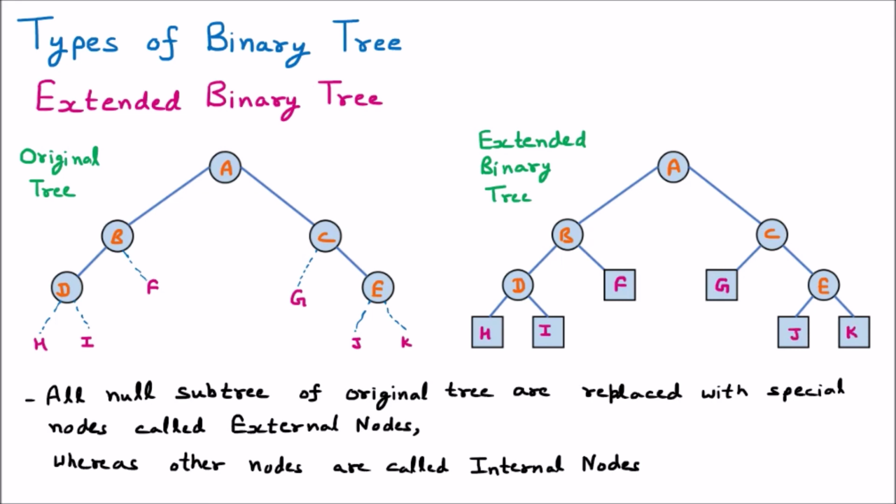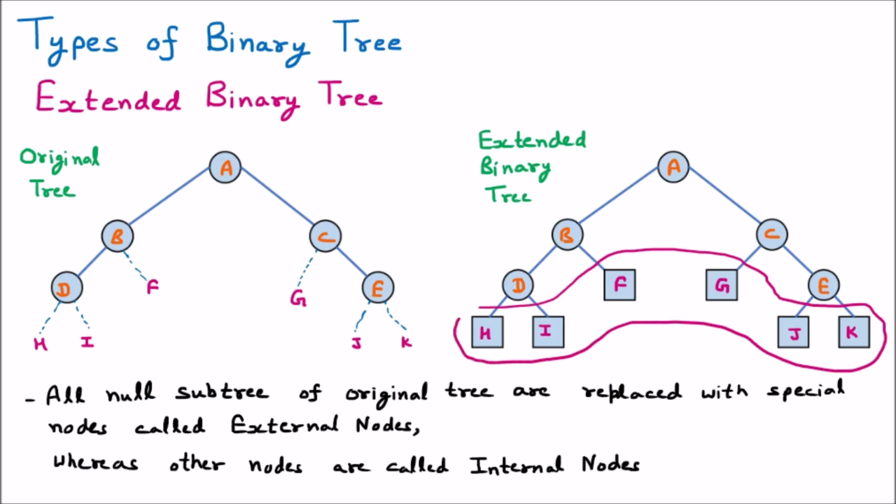Now these nodes are given a special symbol, which is a square. So the square is the representation that these are the external nodes. So here we have added these special nodes, and these nodes are called the external nodes. These nodes are filling the gap of the null subtrees.